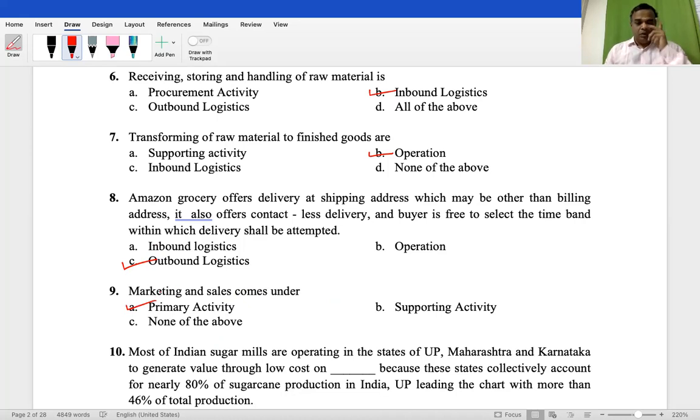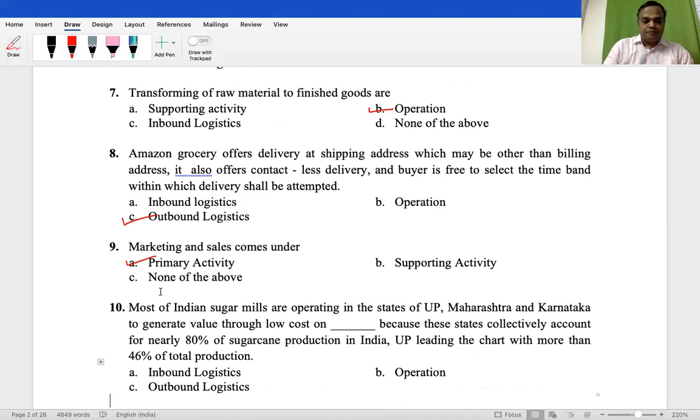Most of the Indian sugar mills are operating in the states of UP, Maharashtra, and Karnataka to generate value through low cost, and these states collectively account for nearly 80% of the sugar produced in India, with UP leading the chart with more than 46% of total production.